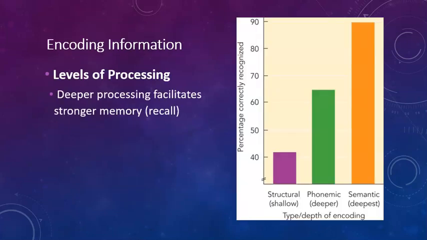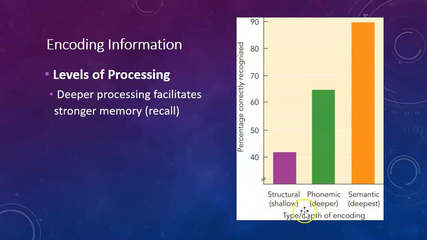With these levels of processing, different levels will show different levels of remembering things. Deeper processing will facilitate a stronger memory or stronger recall. When remembering words, structural processing is very shallow. It doesn't take a lot of energy. It doesn't do a lot.